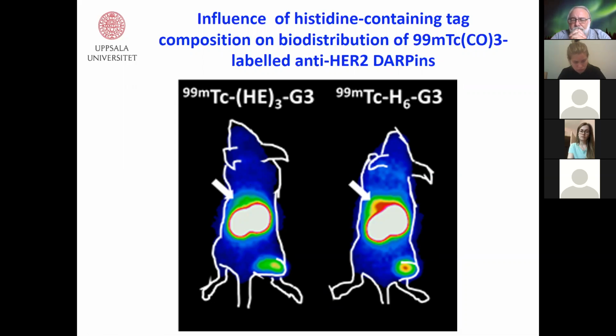So, taken together, Technetium is the most commonly used nuclide. It's cheap, it has nice imaging properties, it has nice dosimetry properties.